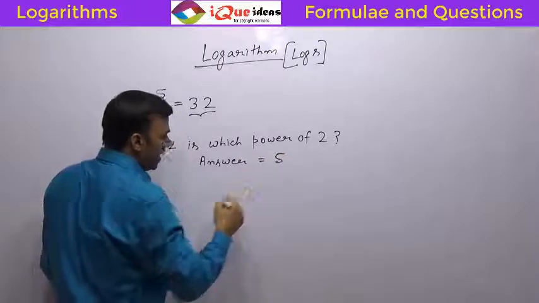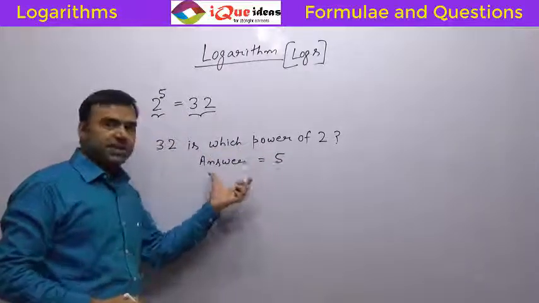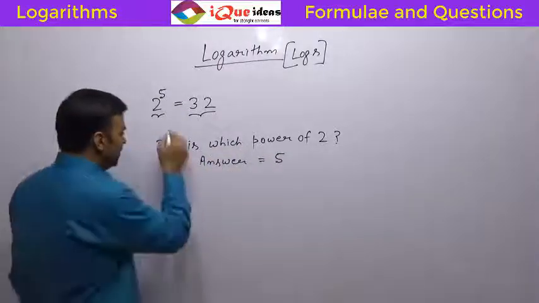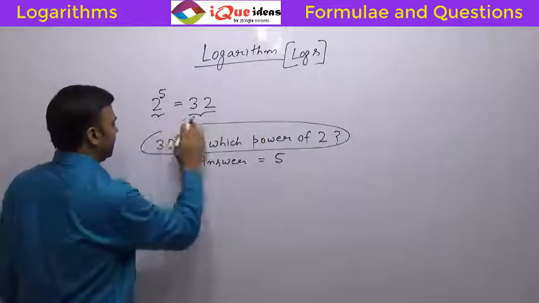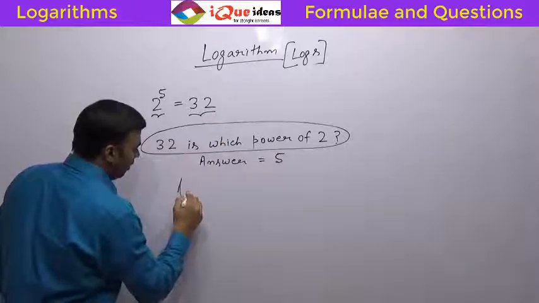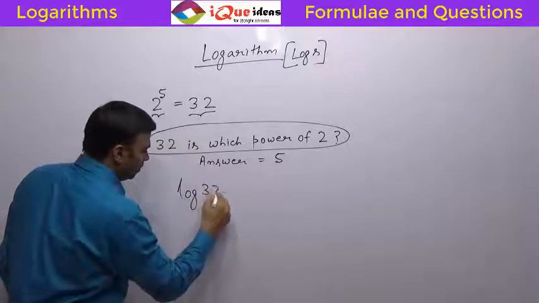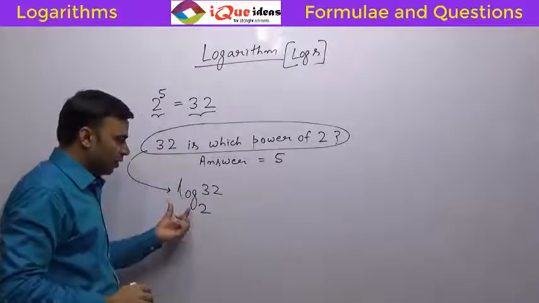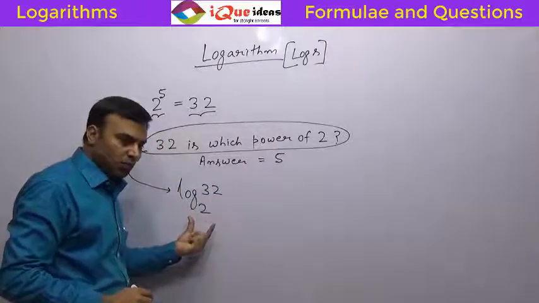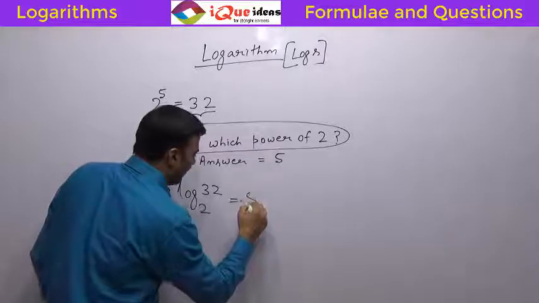Alright. Now, for this whole process, there is one single expression. So this statement can also be written in the form of log, and it is like this. Log of 32 to the base 2 is equal to 5.